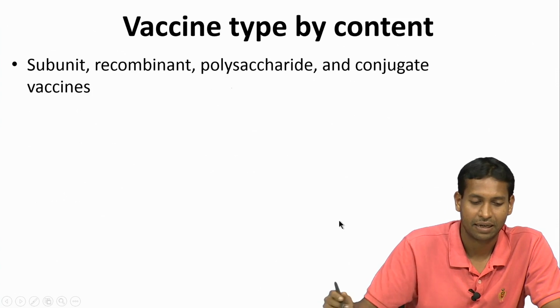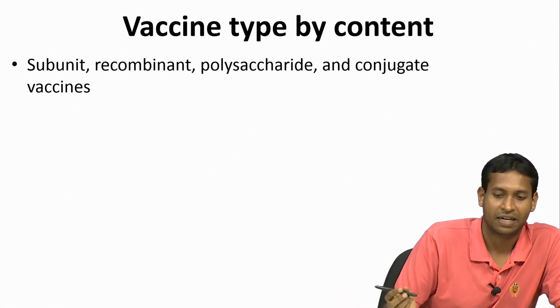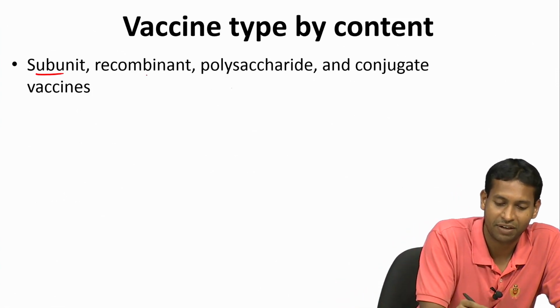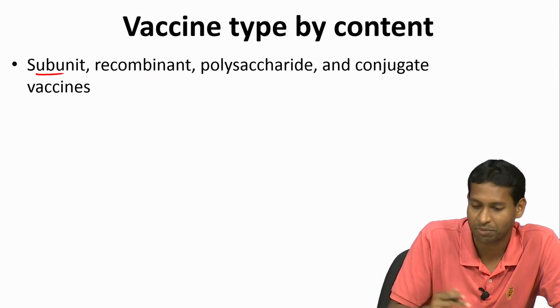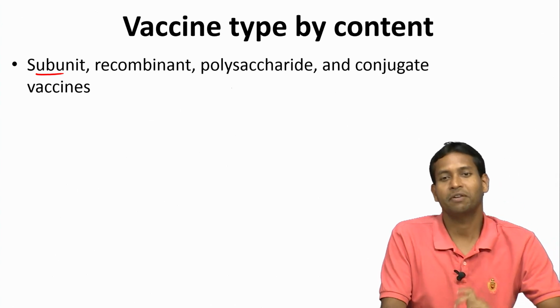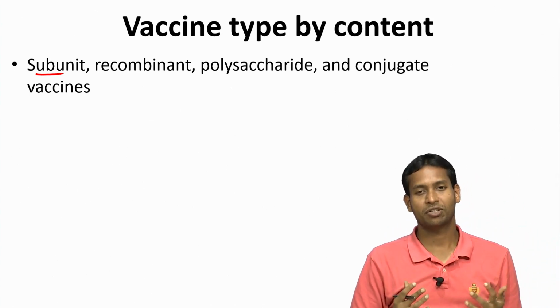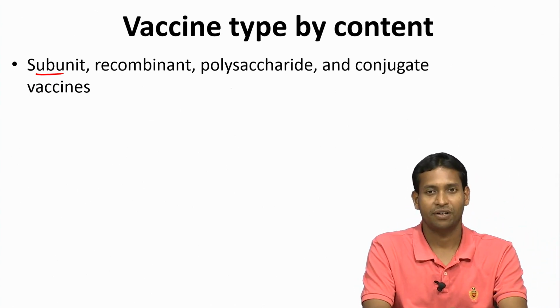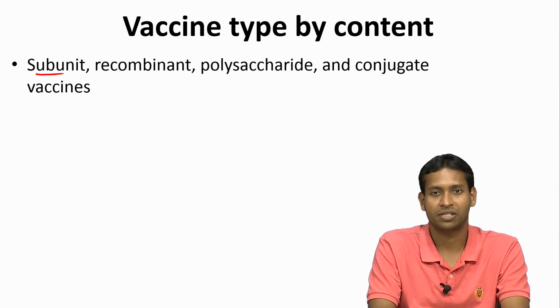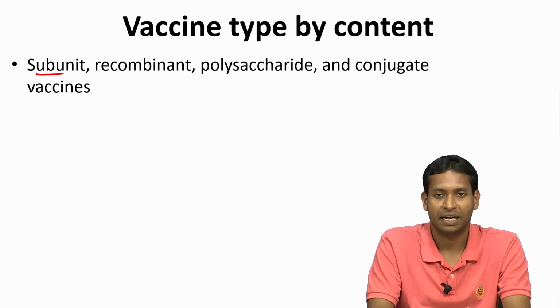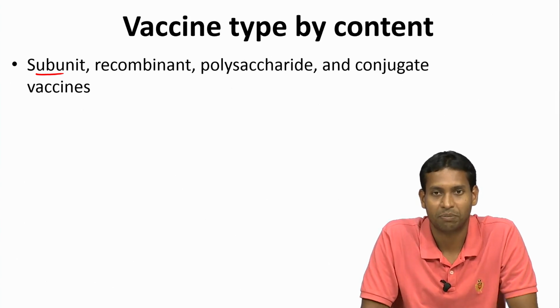So let us look at another type of vaccine by content, and this is subunit vaccines, also sometimes recombinant or polysaccharide or conjugate vaccines. So unlike the previous two cases, the bioengineering was not really involved much. If it is a live attenuated vaccine, all you are doing is taking the pathogen or the germ, heating it up or treating it with some reagent and just injecting it. So there is really no bioengineering approach there.